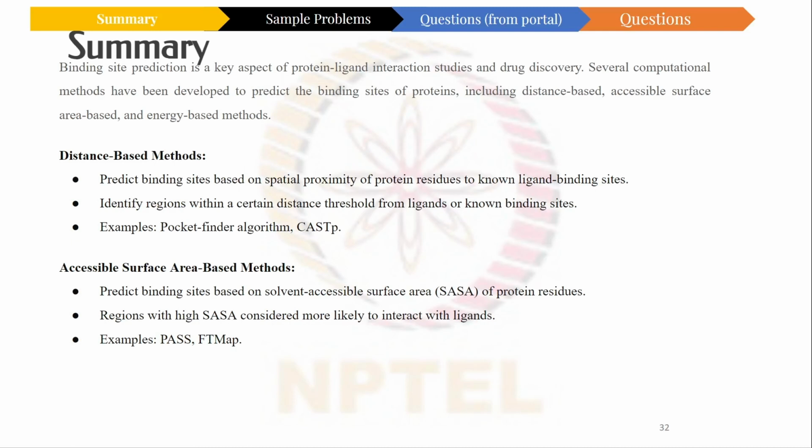Similarly, take the individual molecules and calculate their solvent accessible surface area. So in the unbound state and the bound state, if a residue has the same solvent accessibility, then the chance of it being in the binding site is less. But if there's a difference in solvent accessible surface area between the bound and unbound states, then the chance that the residue is in the binding site is high. This is how the accessible surface area method works.